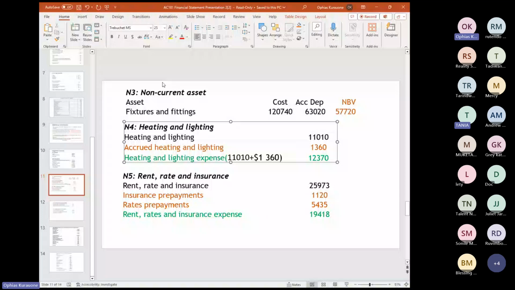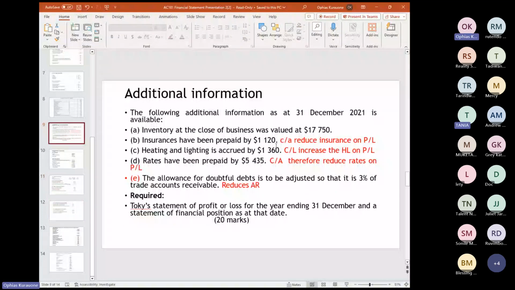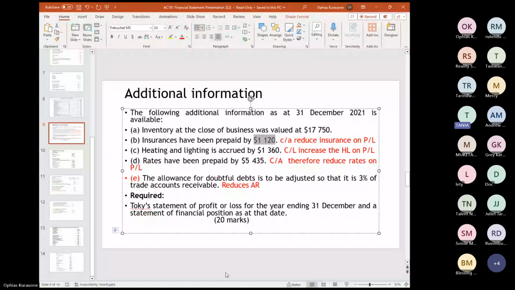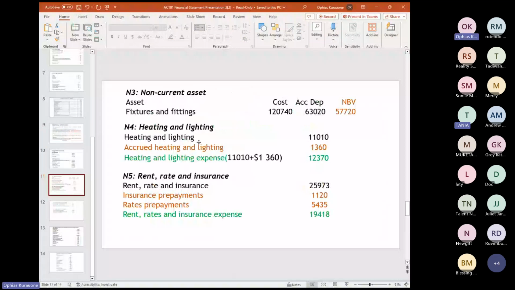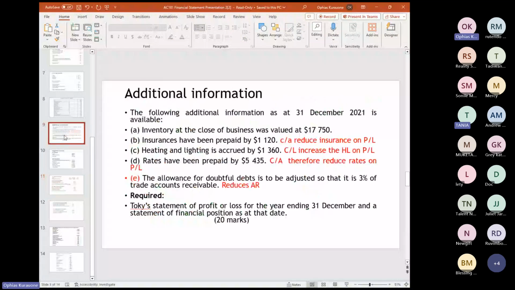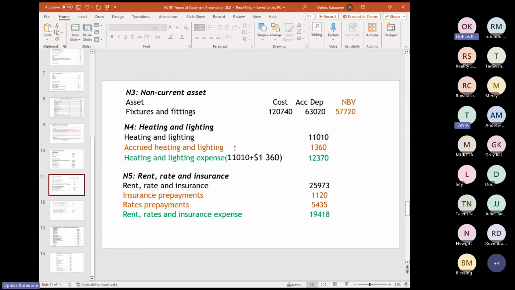Then we check the other one, insurance prepaid. Prepayment, I said prepayment. You reduce it. So prepayment, it was on insurance.